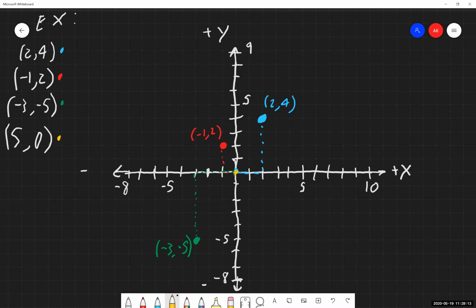I'm looking at my first part of this ordered pair, and it's a 5. So I'm going 5 in the positive direction along the x-axis. So I'm counting over 5. And then I'm looking at the y value we have there of 0, which means I am not going to move vertically at all. So I'm only moving horizontally, and I'm at the point 5, 0.